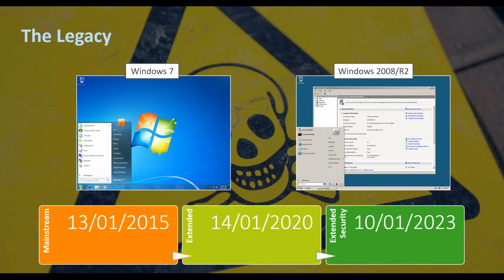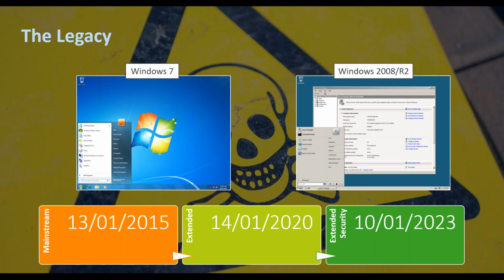There is the option for the extended security updates from Microsoft, although that is a paid license, and it's paid yearly as well. With that paid license, you can get maintenance and security updates up till 2023. So it's got a little bit of life left in it if you're willing to pay for it.